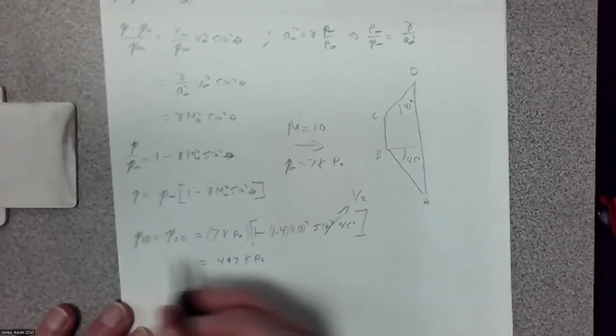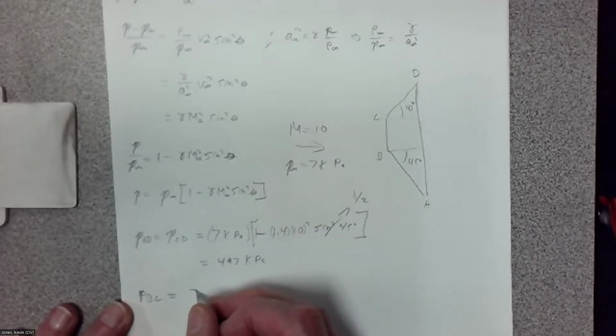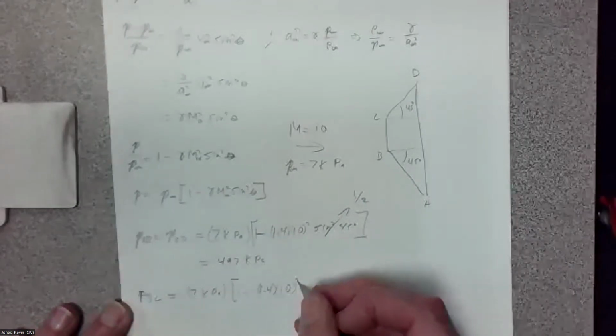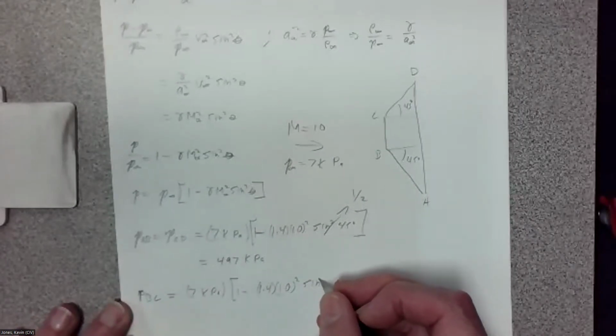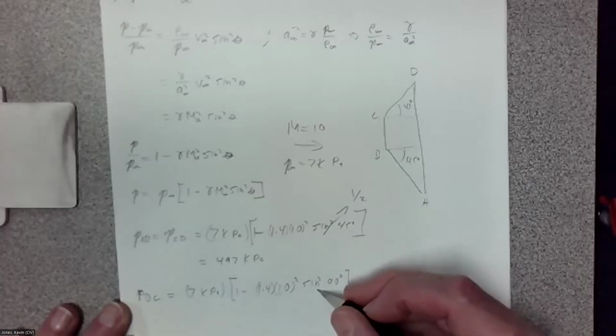All right, so there are those two surfaces, and then we still have the front surface. So the pressure on EC is going to be 7 kilopascals times 1 minus 1.4 for gamma, and the Mach squared, sine squared 90 degrees, which is 1.